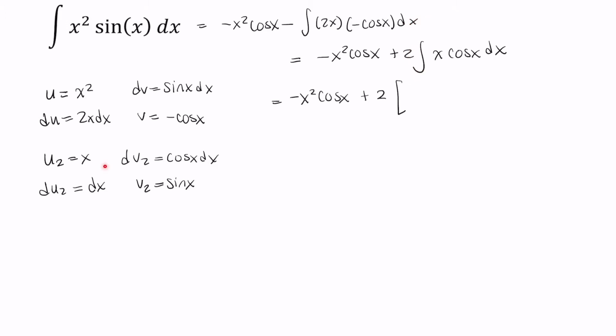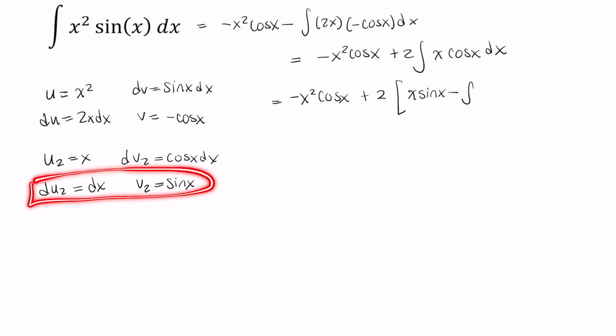And to review, we're going to multiply these diagonally across. So this is x times sine x minus the integral. And to get this integral, we're going to multiply this bottom row, so dx and sine x.